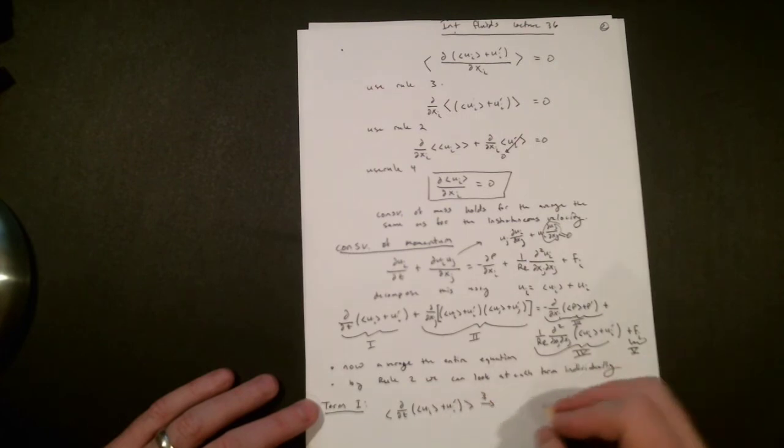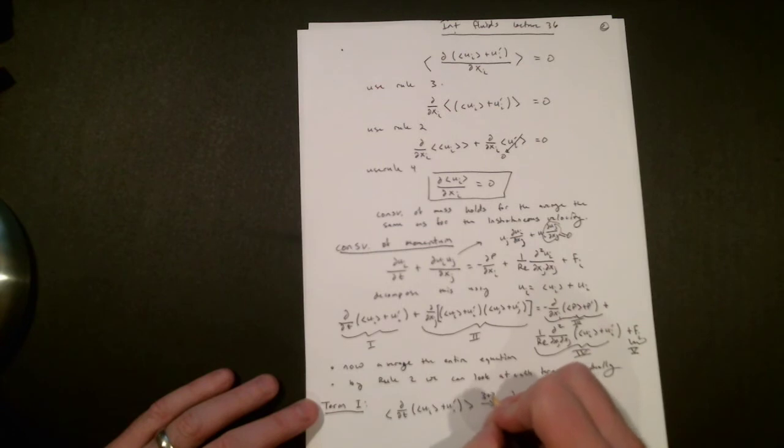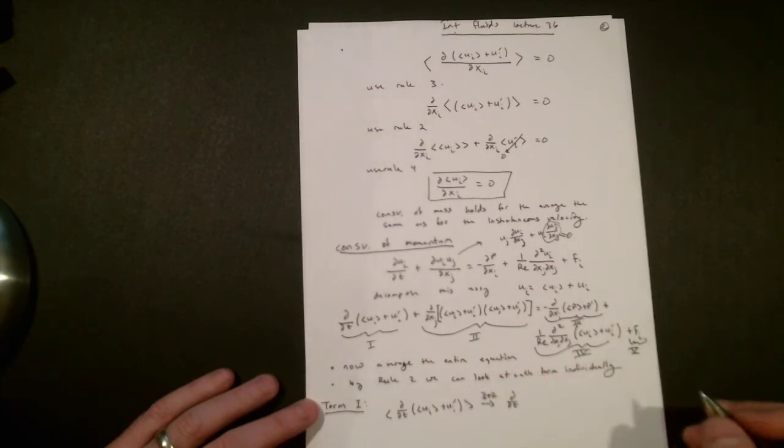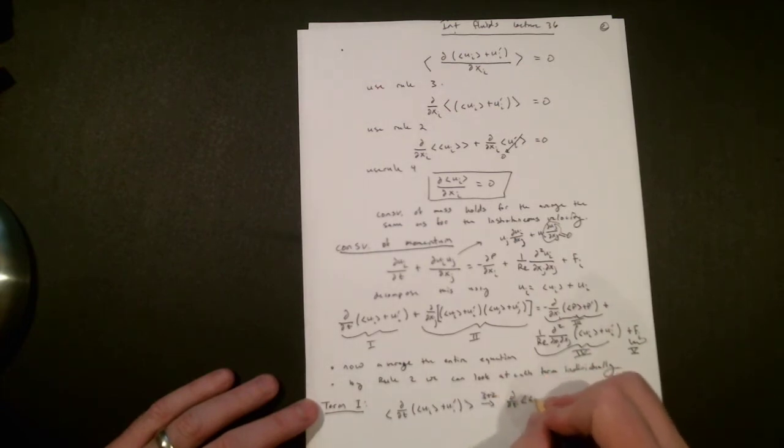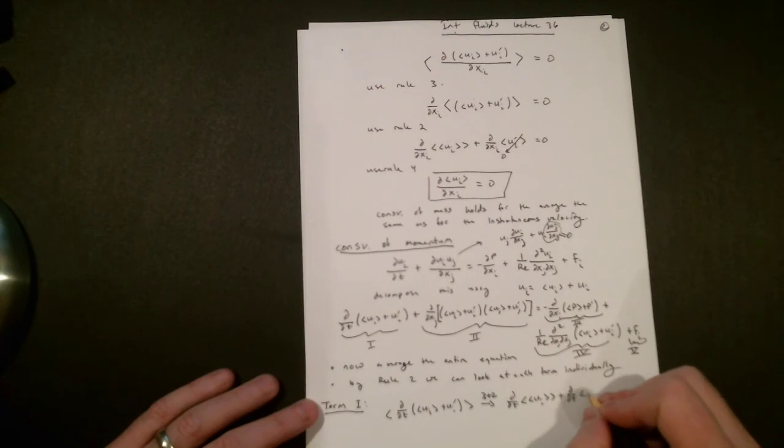We'll also use rule 2, so 2 plus 3, which lets us separate it into two things: the partial derivative with respect to t of the ensemble average of ui, plus the partial derivative with respect to t of the average of ui prime.